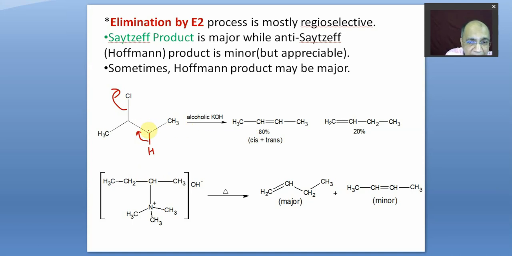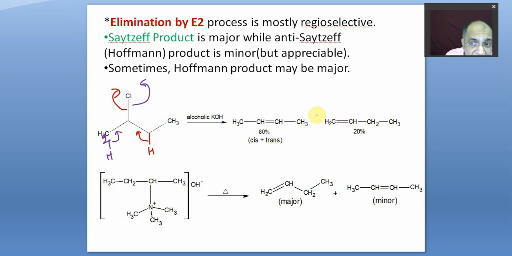So the double bond can be put here to form butene, and there is another possibility where this hydrogen will go and the double bond can be formed here. So this is but-2-ene and but-1-ene. These are structural isomers, and it is 80% but-2-ene and 20% but-1-ene. So therefore this is a regioselective reaction.